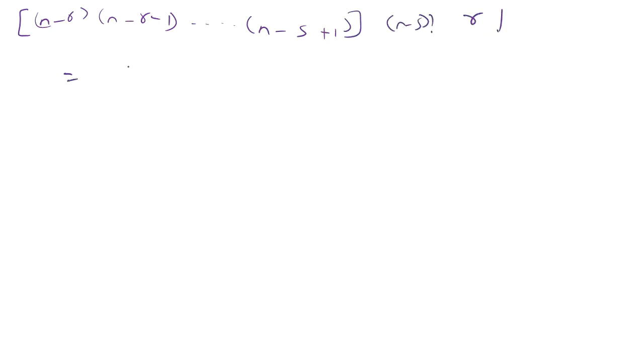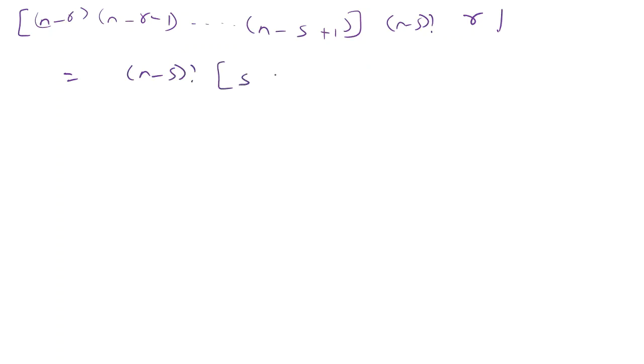Okay, so n minus r factorial, I can write it as n minus r times n minus r minus 1 and so on, up to n minus s plus 1, times n minus s factorial times r factorial, is equal to n minus s factorial times s factorial.